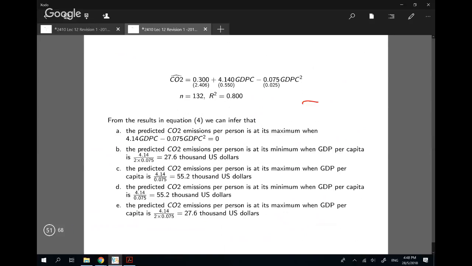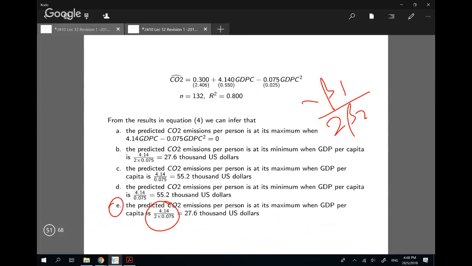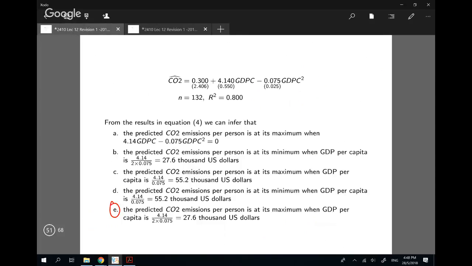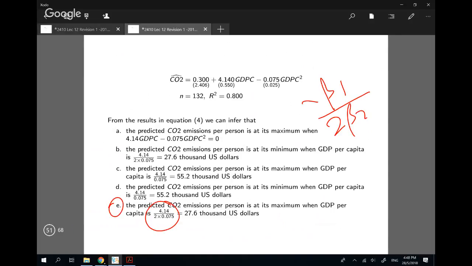It is negative beta 1 over 2 beta 2, correct? Beta 1 is the linear coefficient and beta 2 is the quadratic coefficient. Because beta 2 is negative, the negative cancels out the negative. This should be it. Good.